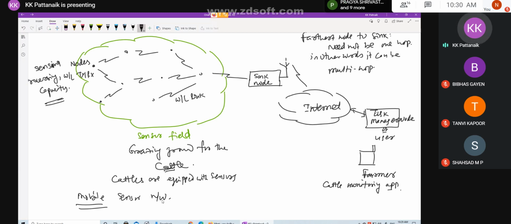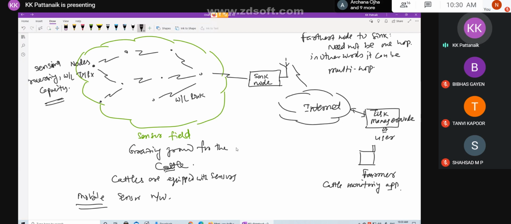In that case, these sensor nodes are put inside the soil, pegged into the agriculture field, and they transmit the soil related parameters to the farmer monitoring the field conditions. So in this case, these sensing nodes are static.